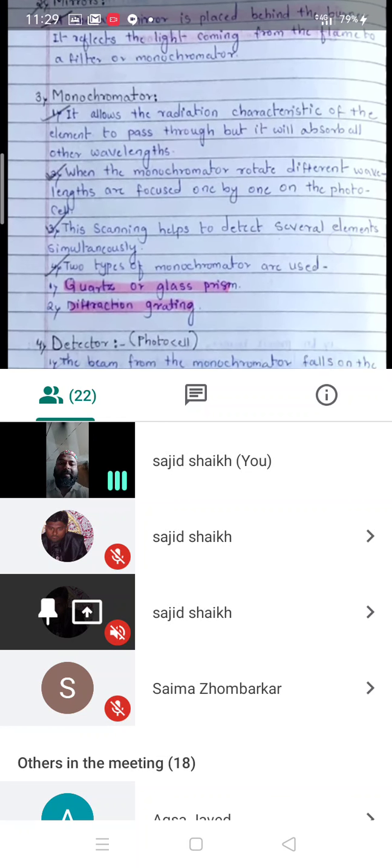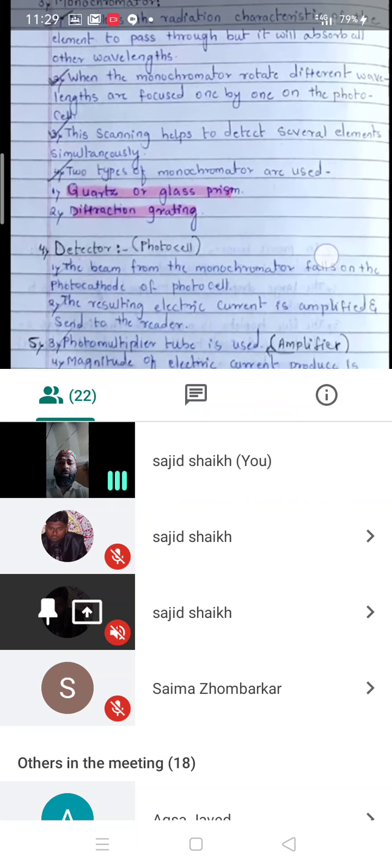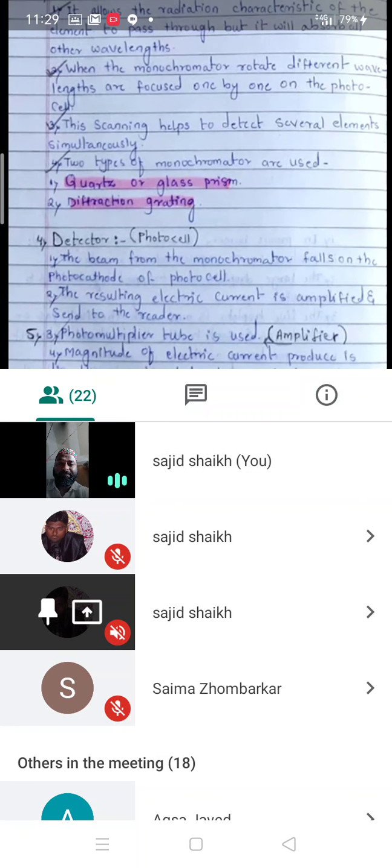There are two types of monochromator used. I already said quartz or glass prism, and diffraction grating. Here the diffraction prism is shown. You can use the diffraction grating to get the accurate monochromatic ray. Then the photocell, which is also called a detector. The beam from the monochromator falls on the photocathode of the photocell.